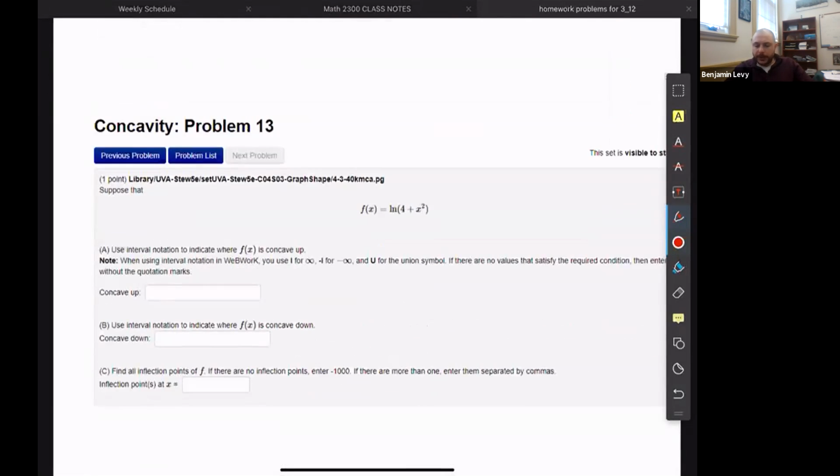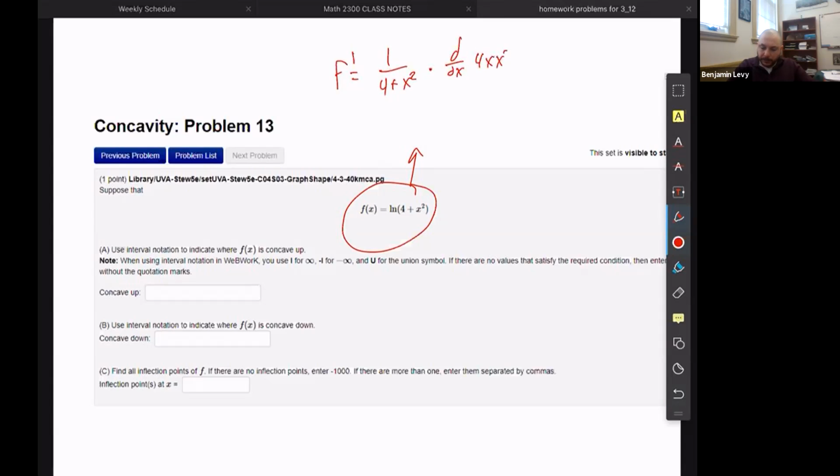Maybe I'll just start by doing the derivatives on this one. I don't know if that's tripping people up, but same thing. We're going to take 2 derivatives. So the first derivative, it's a chain rule. So it's going to be 1 over what's inside there times the derivative of what's inside there. That should be a plus, sorry.